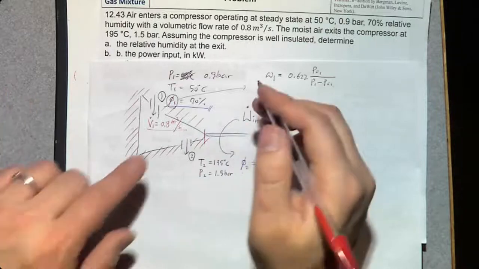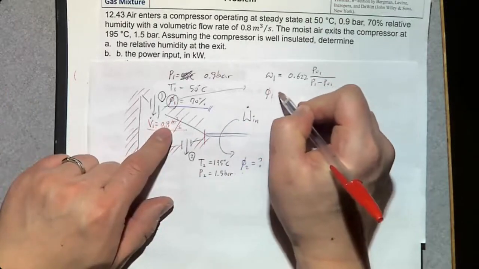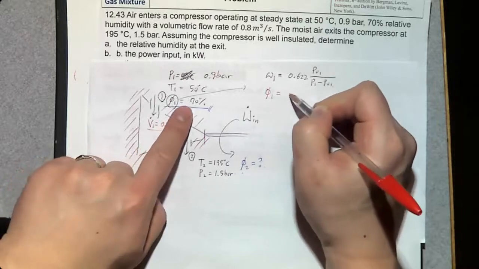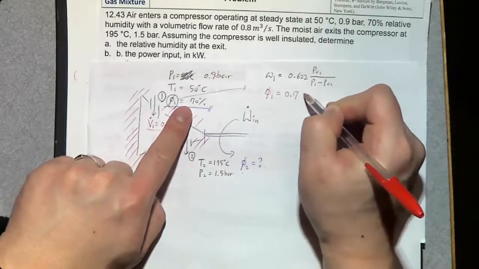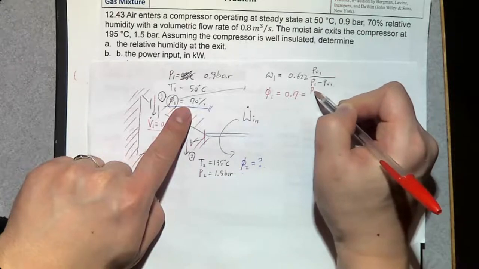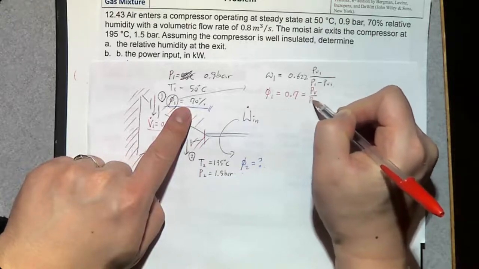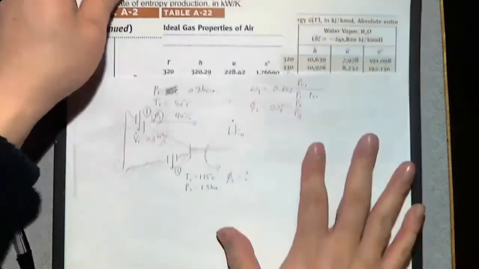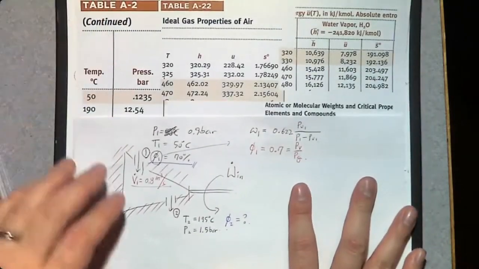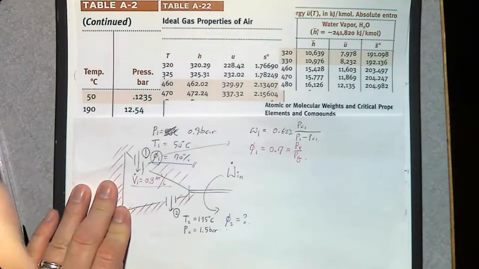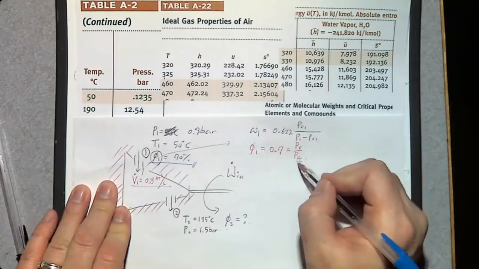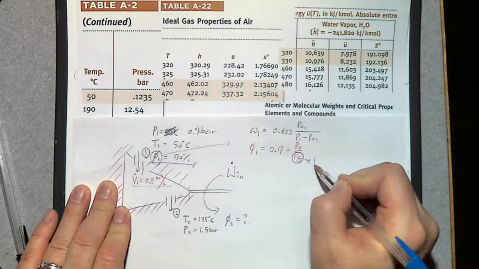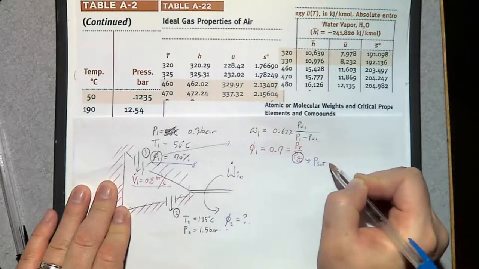This relative humidity, phi 1, which is 0.7, can be determined by PV over PG. From this equation, this PG is P sat at the given temperature.